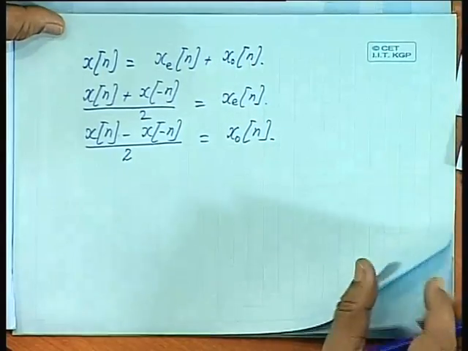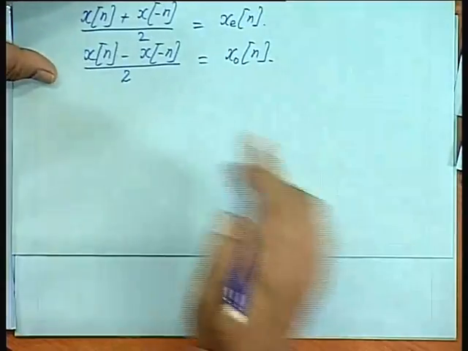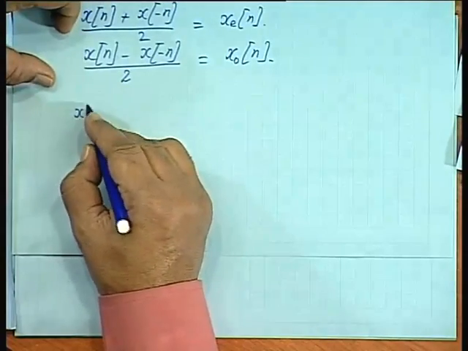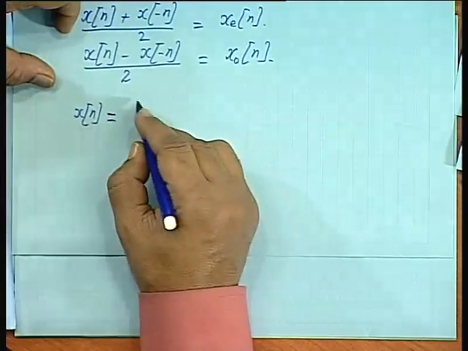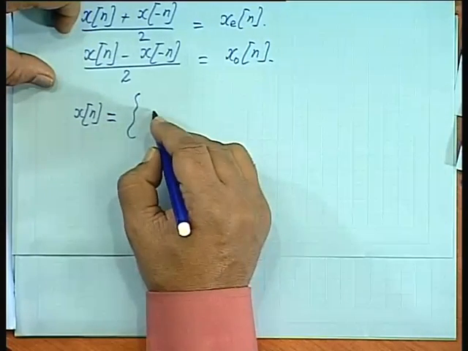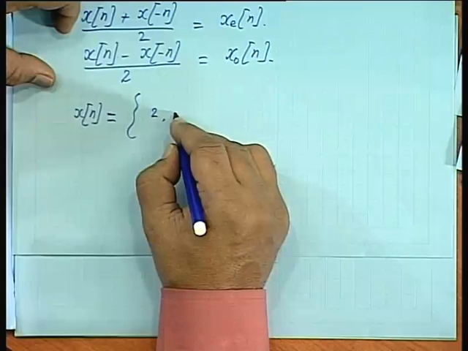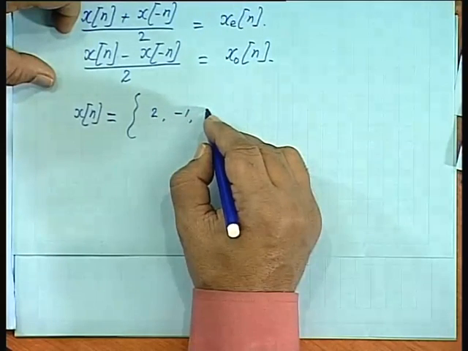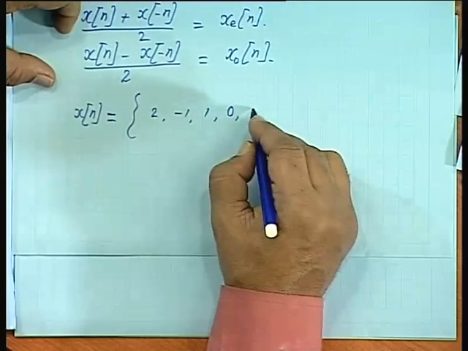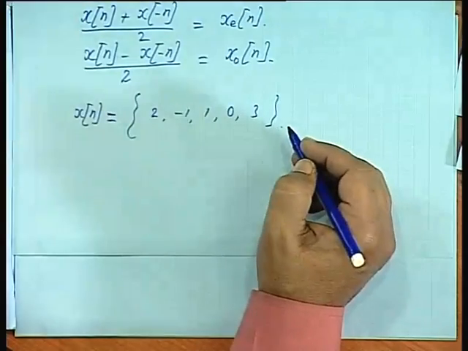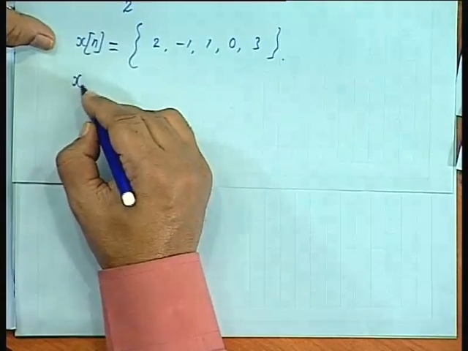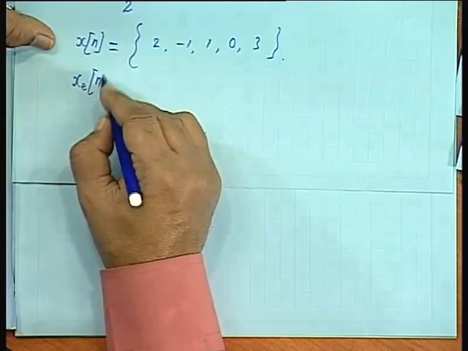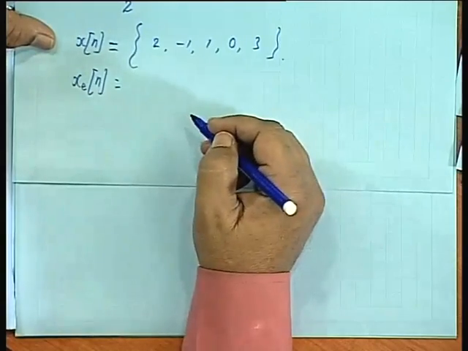Let us take an example. We are given x n as say 2 minus 1 1 0 3. What will be the even sequence? Could someone tell me? What are the values in the negative region of time?